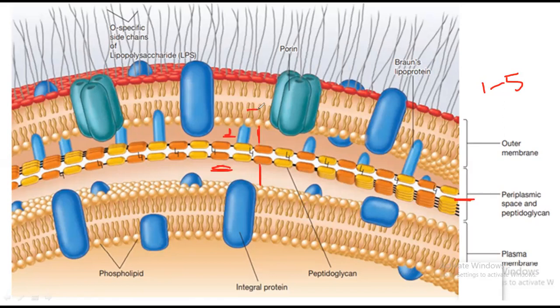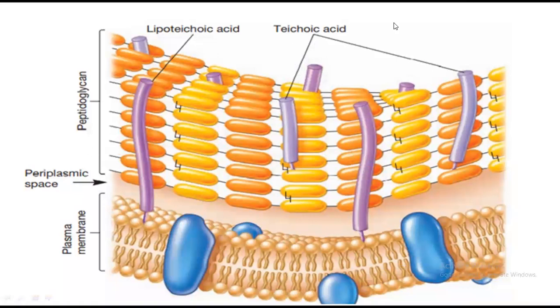This is the outer membrane, and this is the peptidoglycan layer, and the space in between is the periplasmic space. This is the periplasmic space of the gram-negative bacteria, and this is the periplasmic space of the gram-positive bacteria. So keep this periplasmic space in your mind. I will use this in later videos.